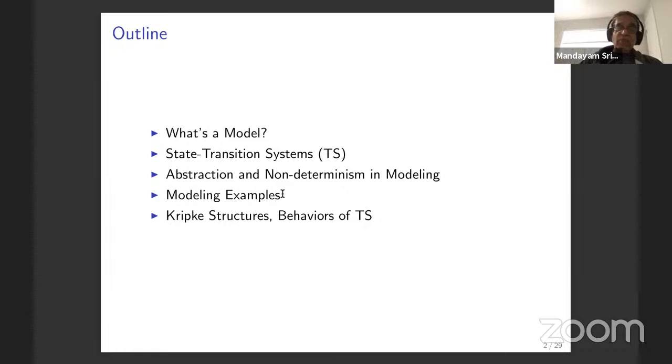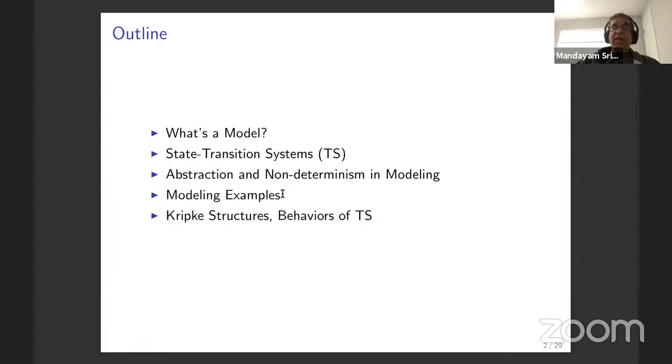After that, I introduced what the model checking problem was, and the fact that model checking, or in general formal verification, requires three things as input to the process. One is a model of the computation system that you're trying to analyze.